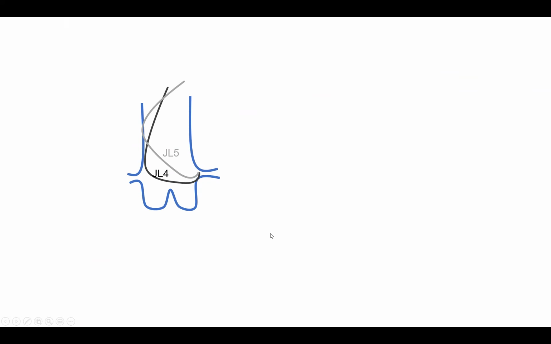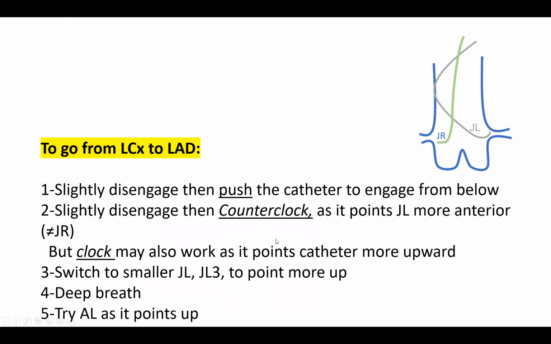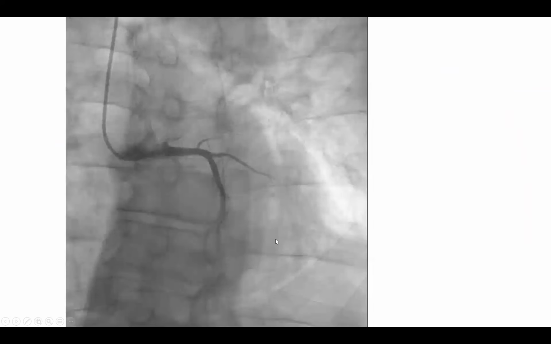Whereas with Amplatz left, to point down, you need a shorter arm. So that's why I use an Amplatz left 1. If I wanted to aim from circ to LAD, I would have used Amplatz left 2 or maybe even 3. But to point from LAD to circ, I use an Amplatz left 1, which happens to be an excellent selective guide for difficult left circumflex intervention, Amplatz left 1 or 1.5, okay?